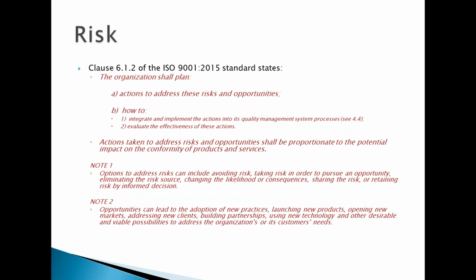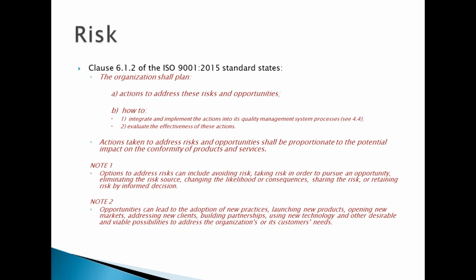The standard continues in section 6.1.2, and it says you shall plan actions to address these risks and opportunities, and you will also plan how to integrate and implement those actions into the quality management system processes. So you'll note the emphasis here is that this needs to impact the processes that you already have.